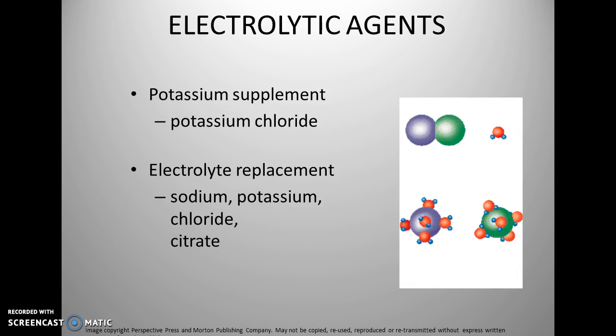Very good examples of common electrolytes include sodium, which is positive, potassium, which is positive, calcium, which is positive. If you look at it, it would be calcium 2 plus. Chloride, which is negative, and bicarbonate, which consists of hydrogen, carbon, and 3 oxygen, which is negative.